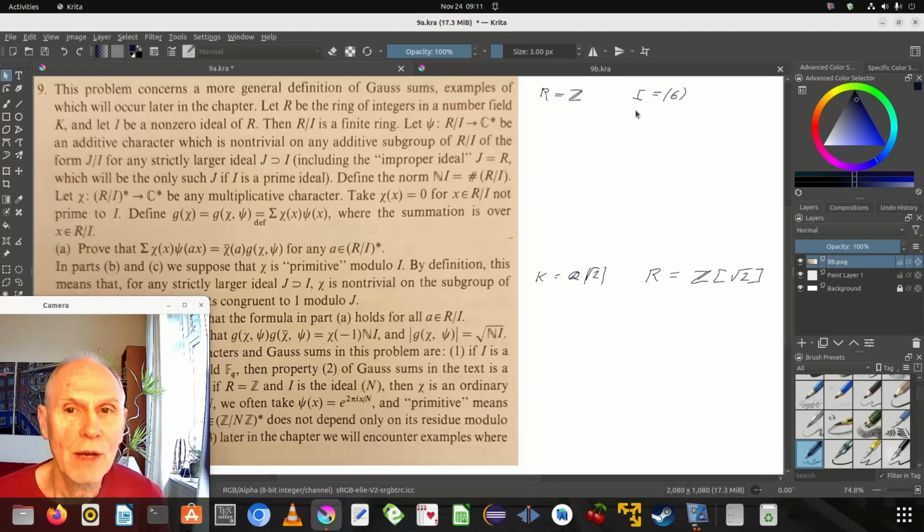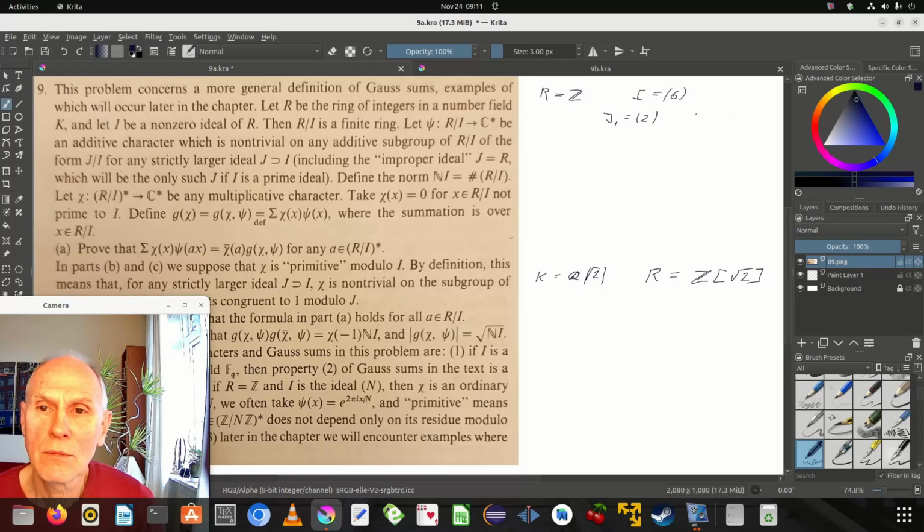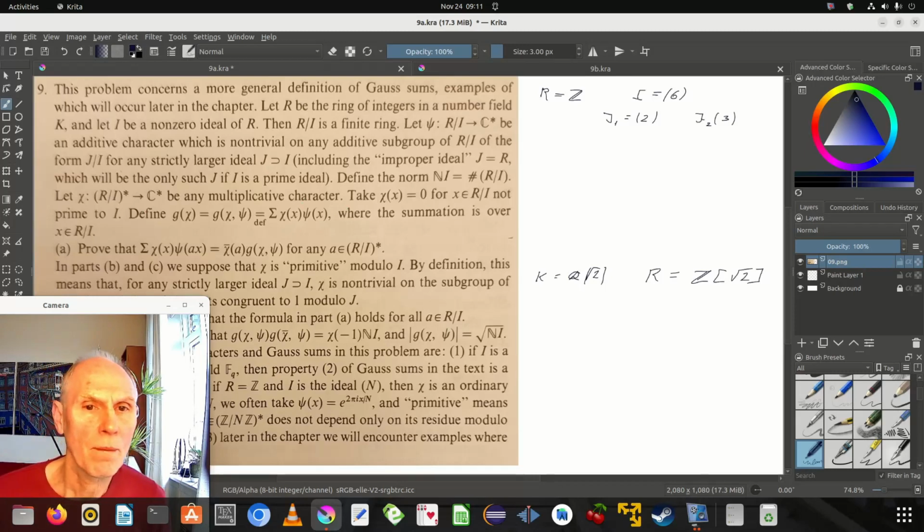So we have the ideal, then we need to see what are the strictly larger ideals, and that's why I chose 6, because we have 2.